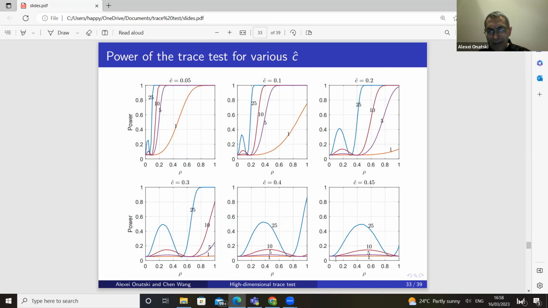It's not going to 1 anywhere for the whole range of rho for C as large as in my example that I showed you. But still, it was enough for me to reject the null of no co-integration there. And that's basically all I have to say.